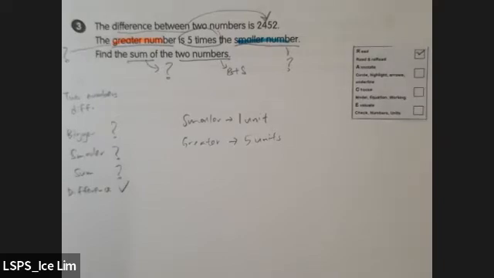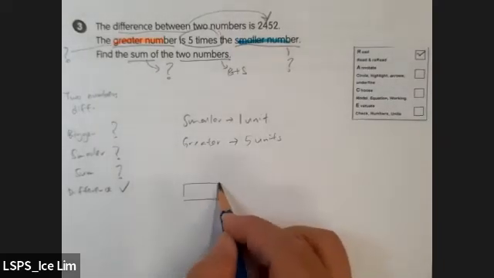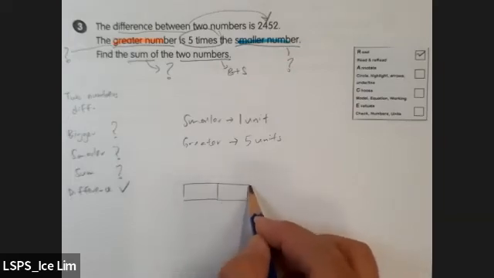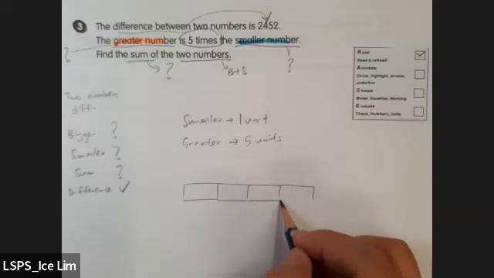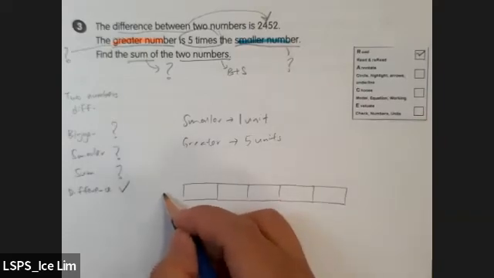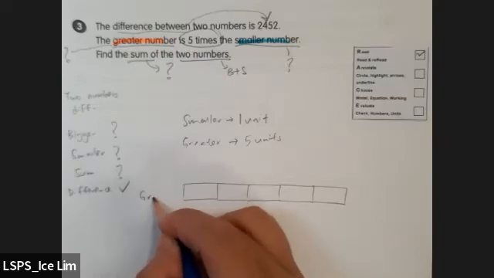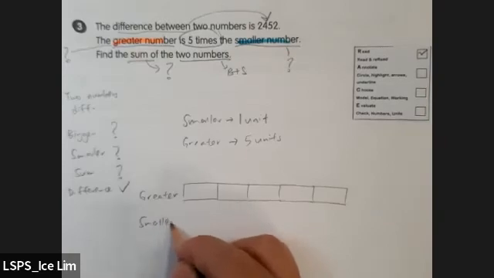So if I were to draw a model, I'll draw 5 units for the bigger number. That's the bigger number, or I say greater number. And then 1 unit for the smaller number.